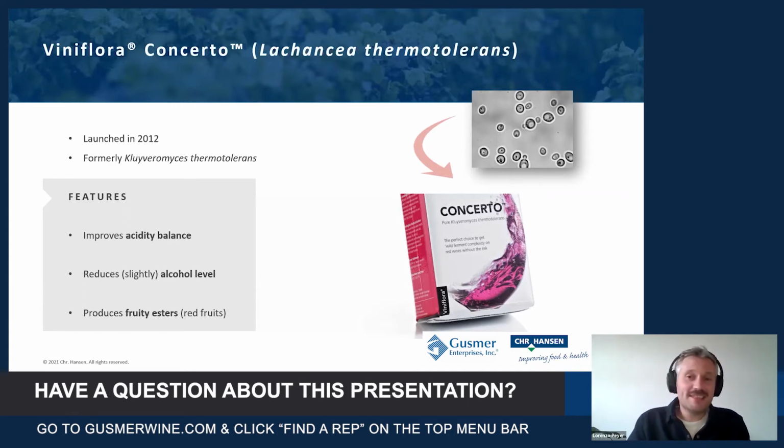So what it does is that it converts some of the glucose and fructose into lactic acid. By doing that, there is less sugar available for producing ethanol. So sometimes, depending on the fermentation conditions, you can also see a slight reduction of the ethanol content in the final wine. And then Concerto specifically releases fruity esters, reminiscent of red fruits.